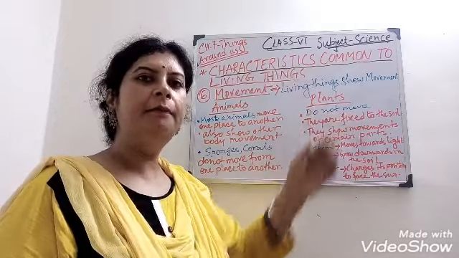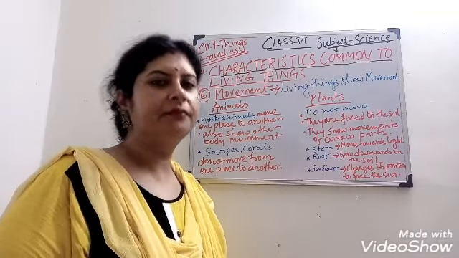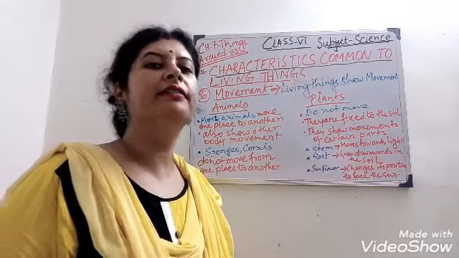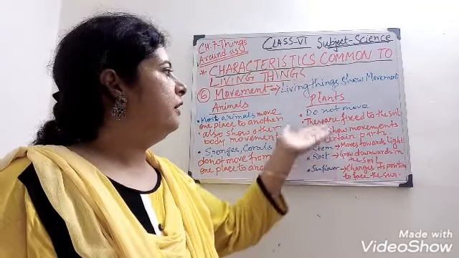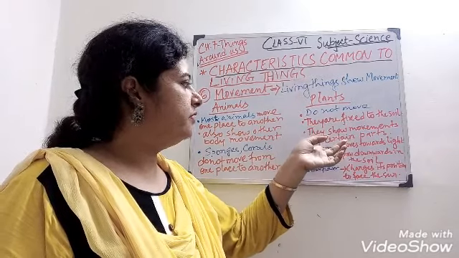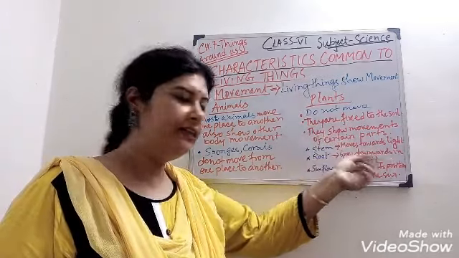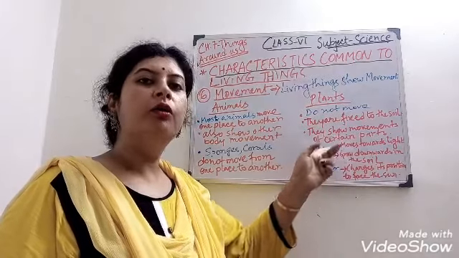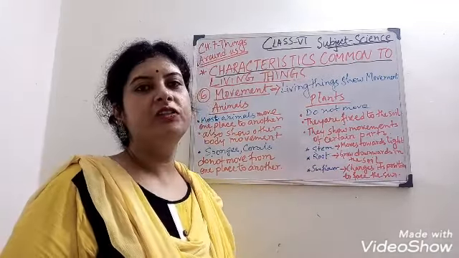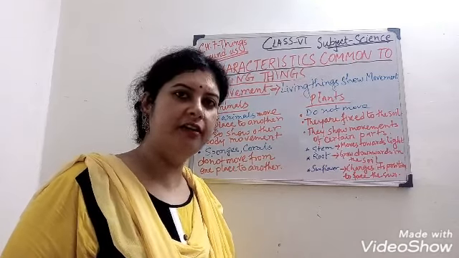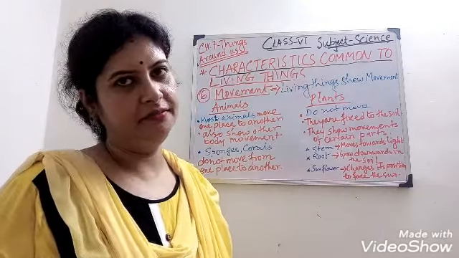Plants do not show movement from one place to another. They show the movement of their body parts: stem moves towards the light, roots grow down into the soil, and sunflower changes its position to face the sun.